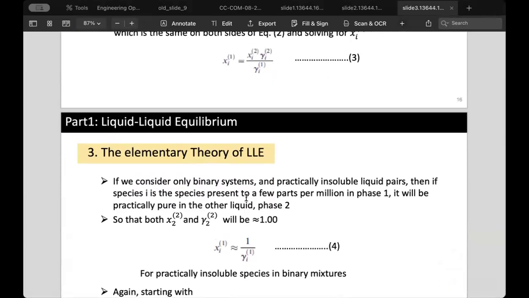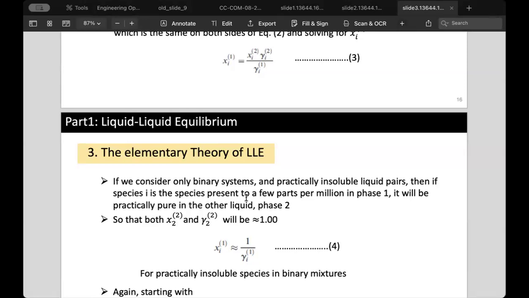Now consider the case where the mixture is practically insoluble, immiscible.